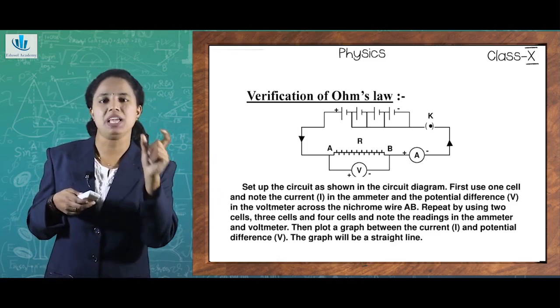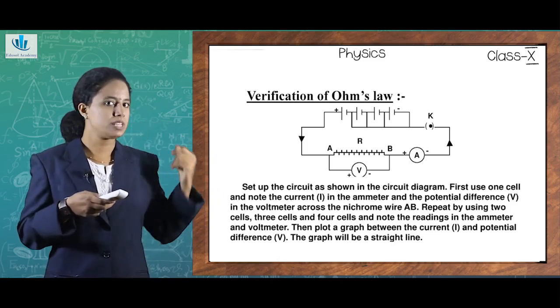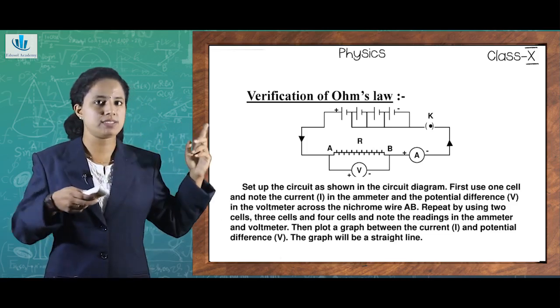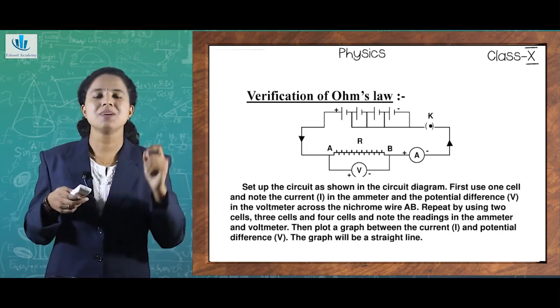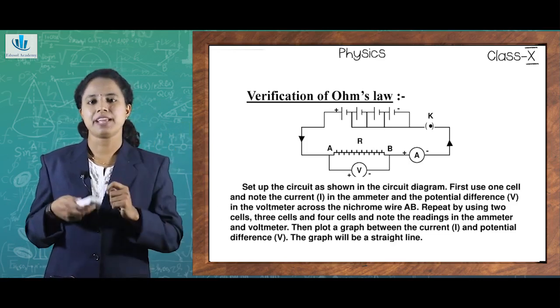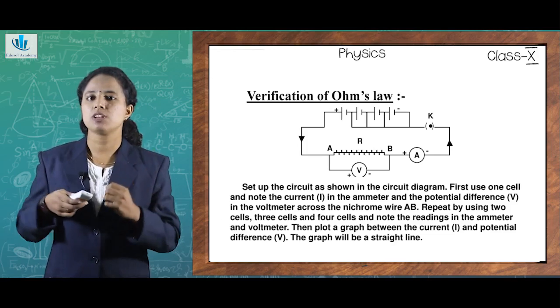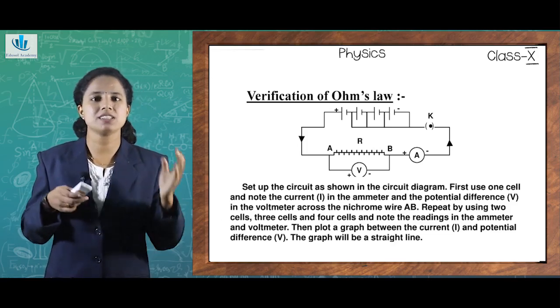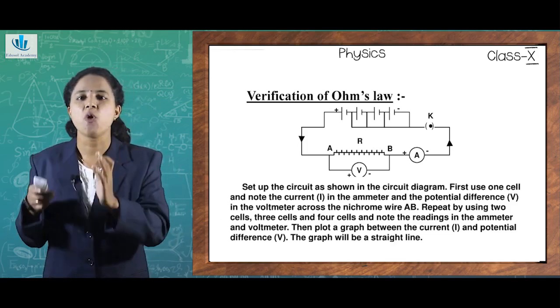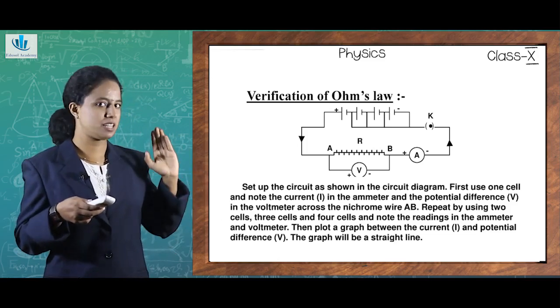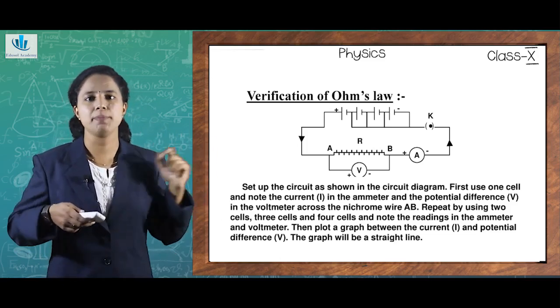A and B. First we can use one cell. As you can see, there are different cells in the circuit diagram. Suppose I am using one cell and I note the current I in the ammeter. Where do we note the potential difference? The potential difference is noted by looking at the voltmeter, which I have connected across the nichrome wire or the conductor AB.